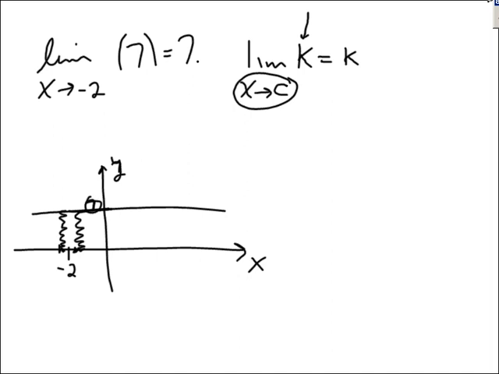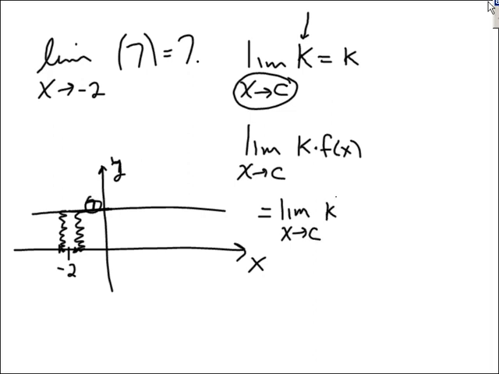Okay. Another rule is you have the limit as x goes to c of a constant times f of x. Well, you have a product, so use the product rule. The limit as x goes to c of that constant times the limit as x goes to c of the function.